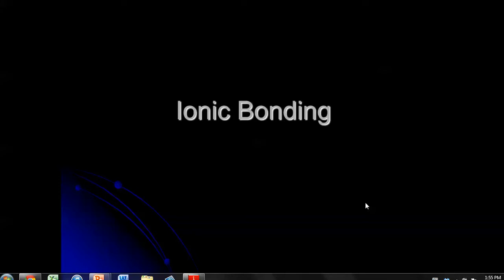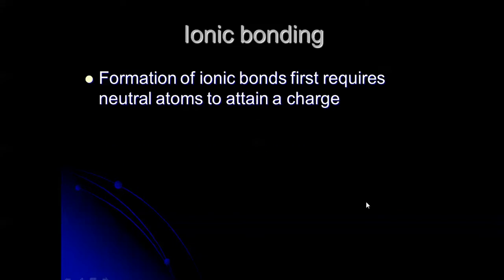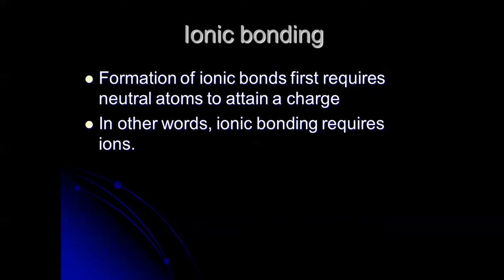So, when you have ionic bonding, formation of ionic bonds first requires that neutral atoms attain a charge. In other words, an ionic bond requires ions.